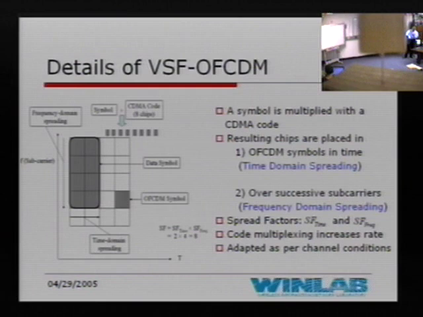Yes, they do have a multi-carrier system. It's basically like multiple CDMA systems in each frequency subcarrier. But here I have the option of putting the chips resulting from the same bit in different subcarriers.